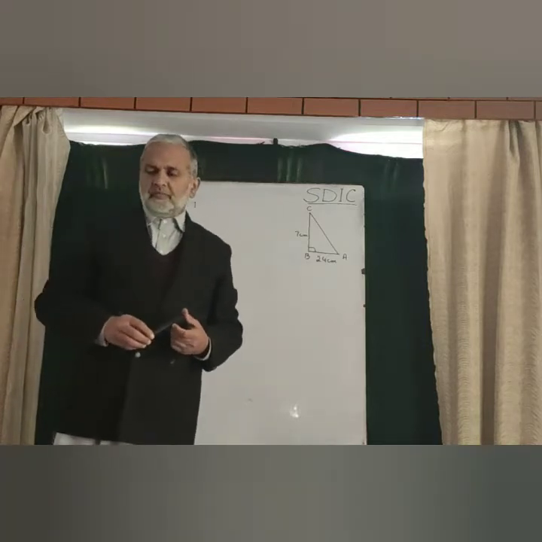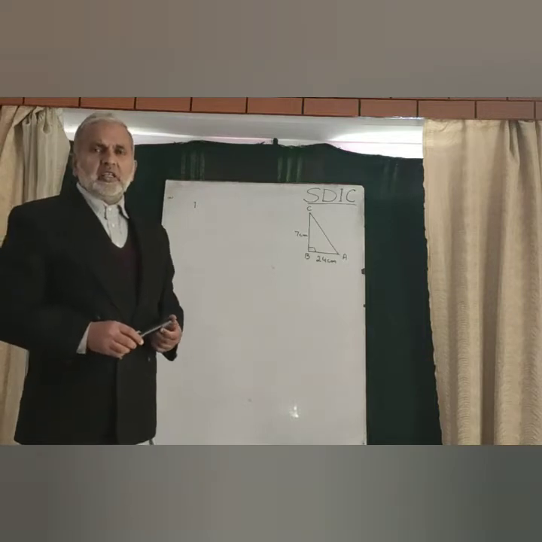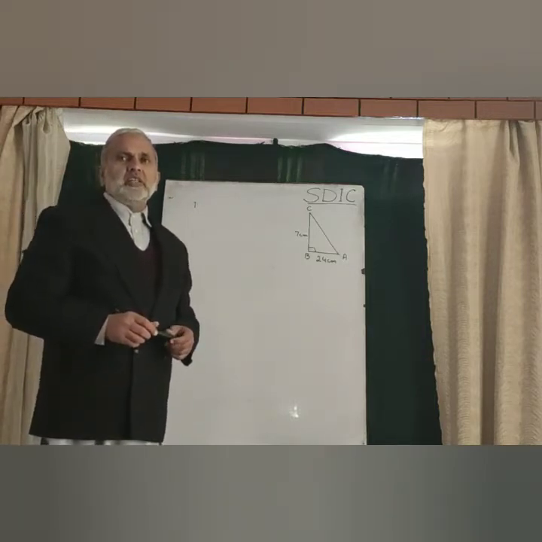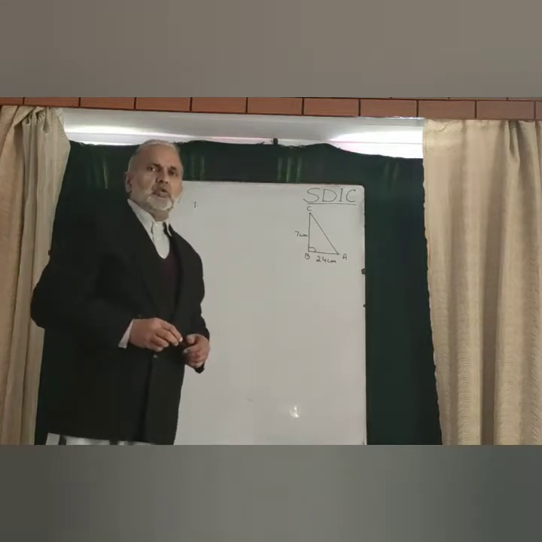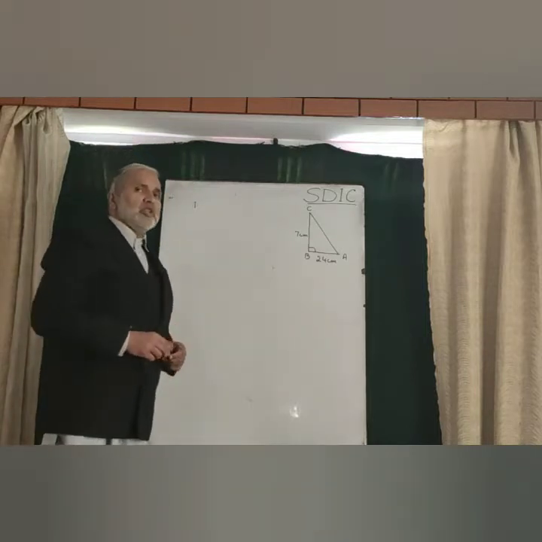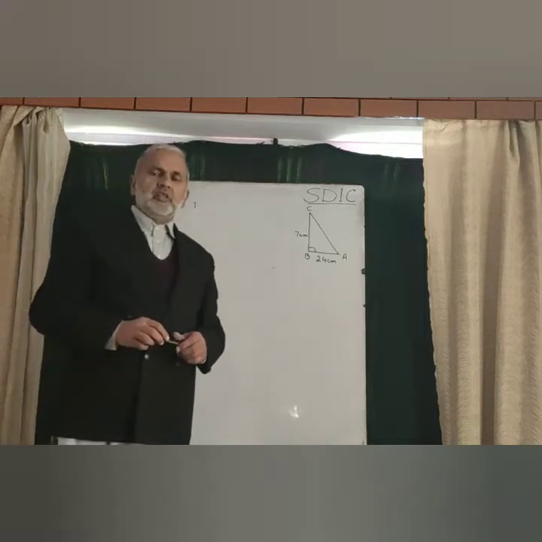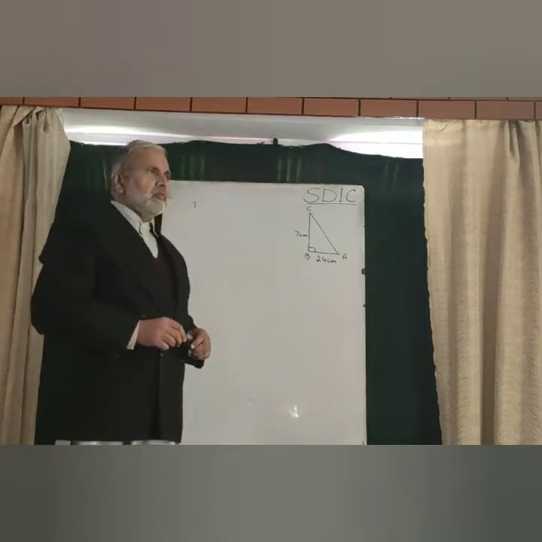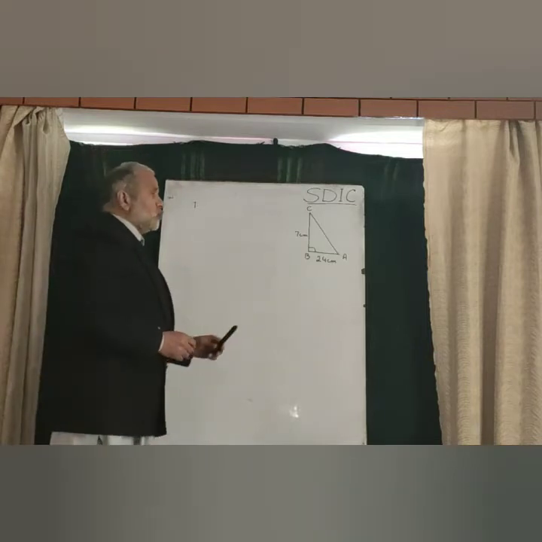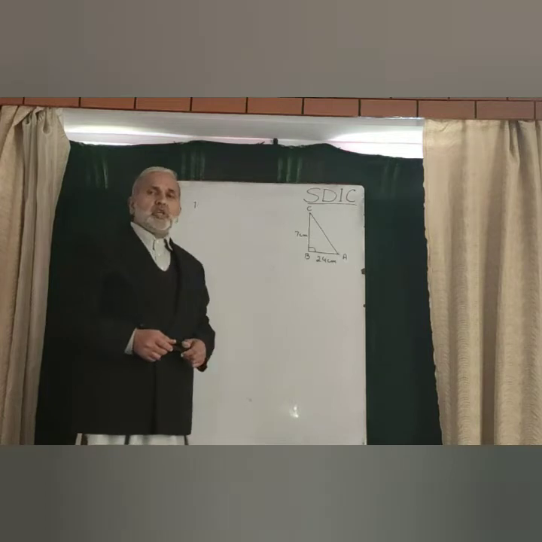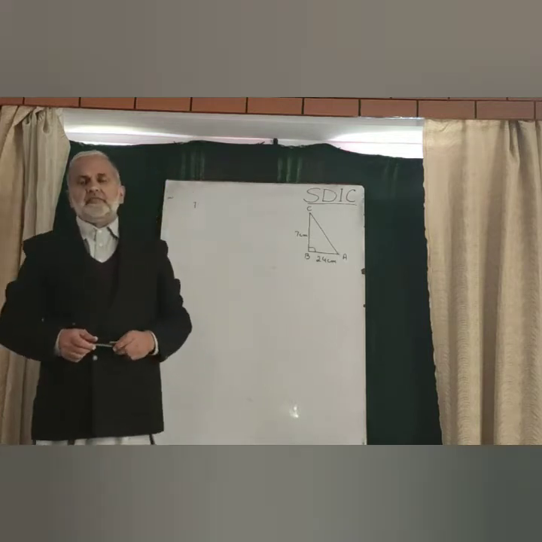And remember, this third side in all these questions we will find by applying Pythagoras theorem, because the triangle involved is a right triangle. We'll be applying Pythagoras theorem to find the third side, which states that square of hypotenuse is equal to the sum of the squares of the other two sides.